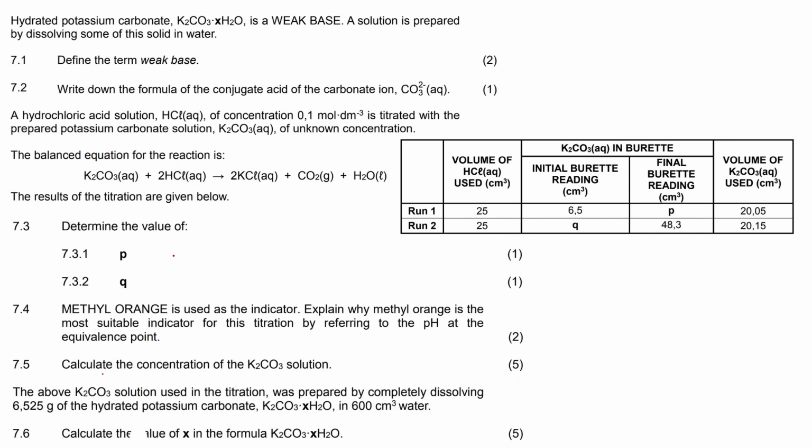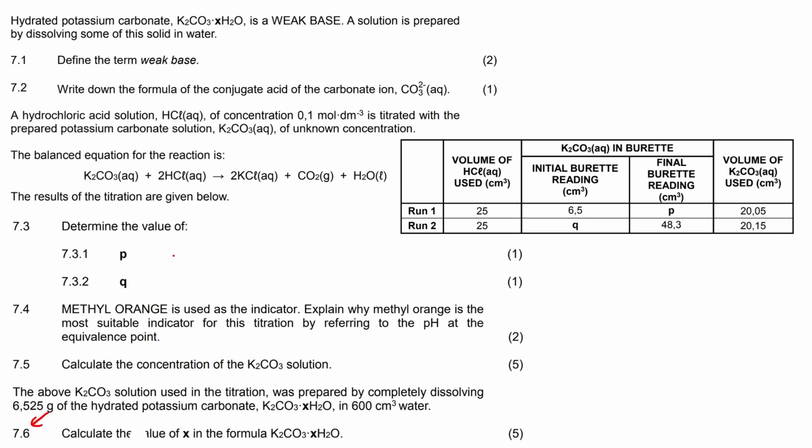Okay, and then this last question says that the above K2CO3 solution used in the titration was prepared by completely dissolving that many grams of the hydrated potassium carbonate in 600 centimeter cube of water. Calculate the value of X in the formula. Okay, so quite an interesting question.